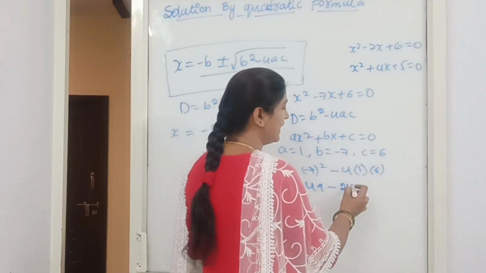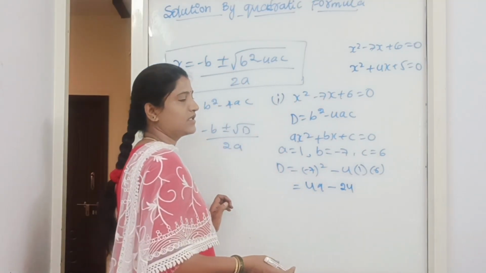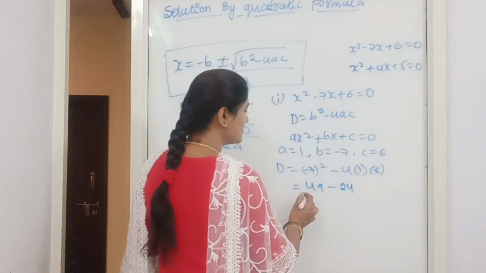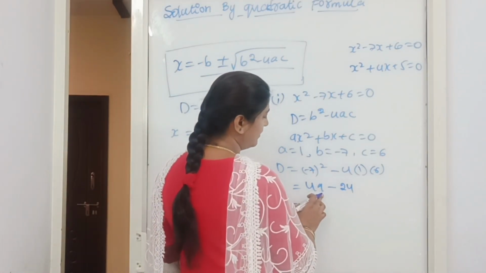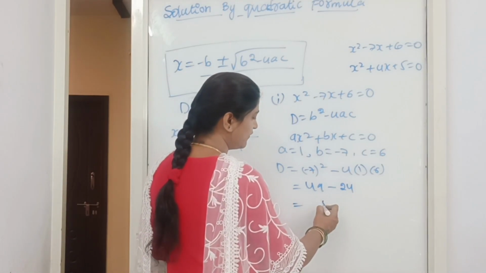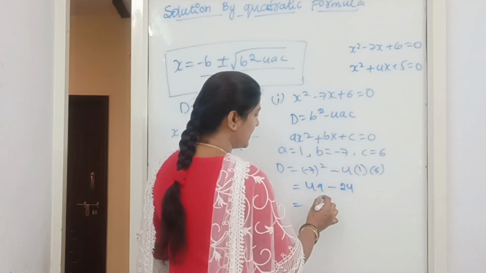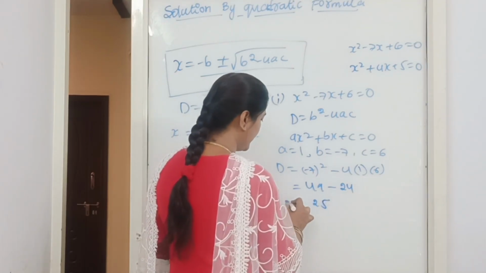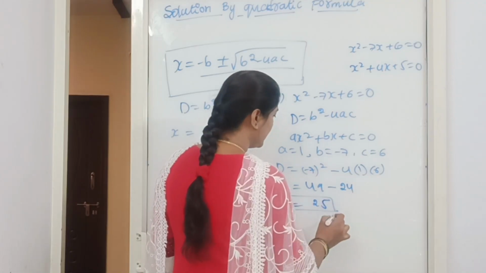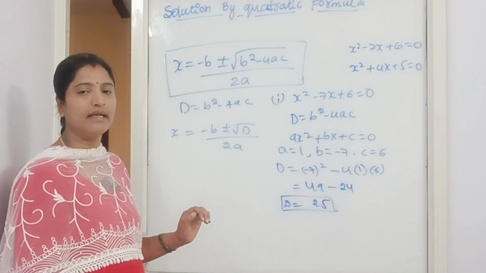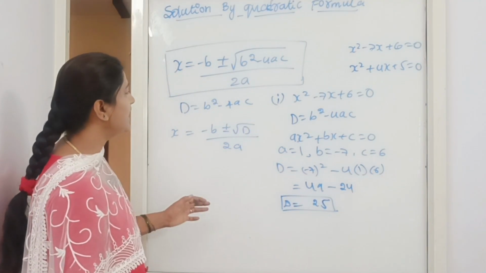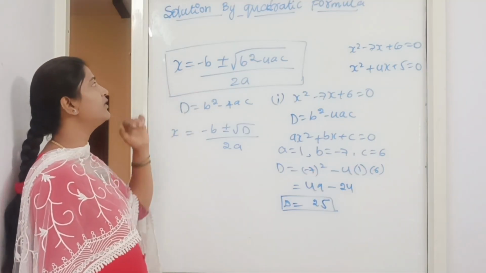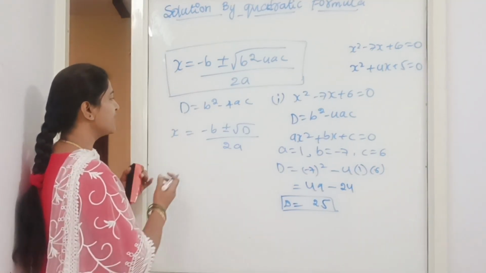It is 24, right? Do the subtraction. 49 minus 24 is 25, and we got D as 25. Clear?